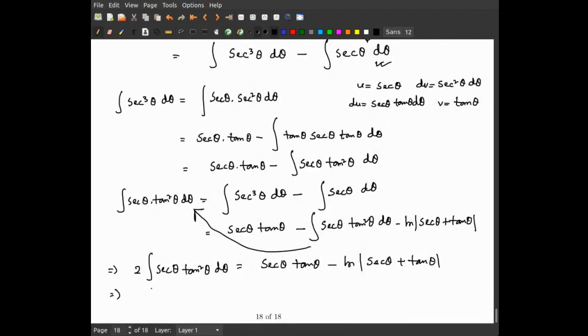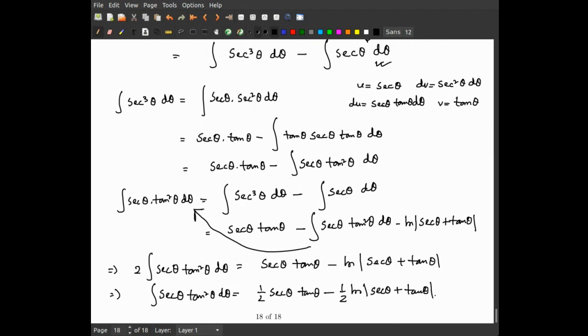So from that one, our integration, that whole pain we had to go through, is half secant theta tan theta minus half ln of secant theta plus tan theta.